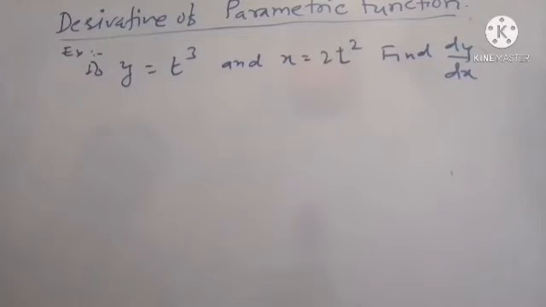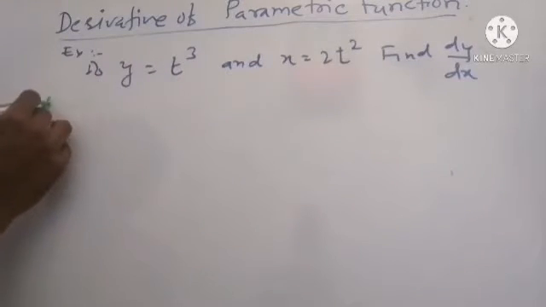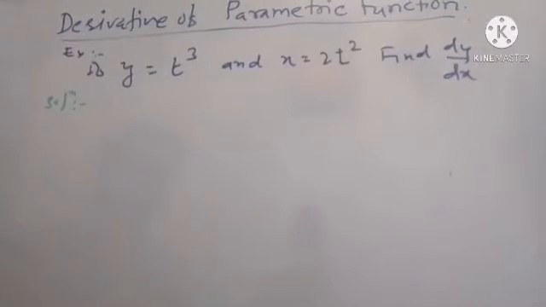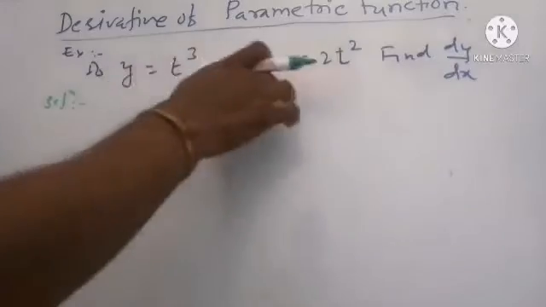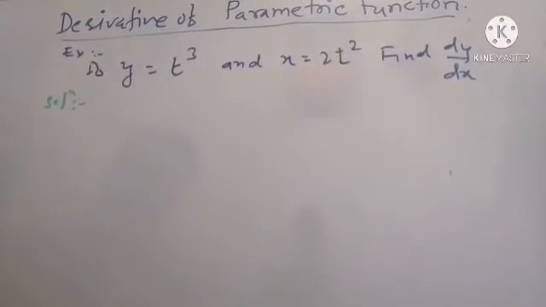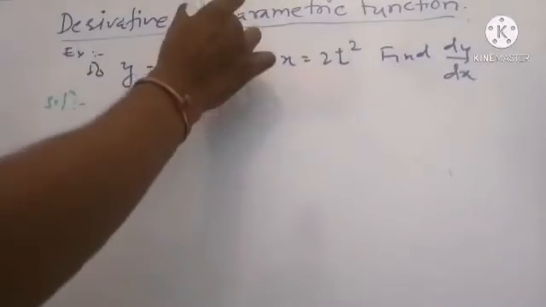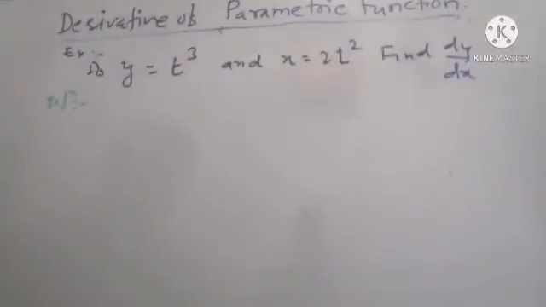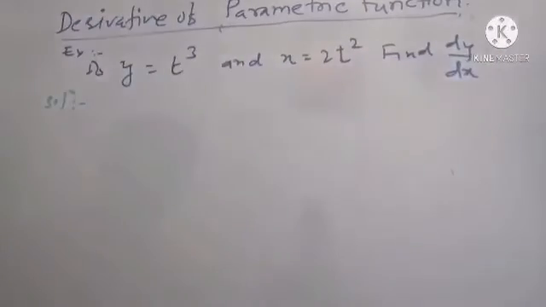Here we observe y is equal to t cube, it means y is in terms of t, or y is a function of t. Similarly x is equal to 2t square, again x is in terms of t, so both x and y are in terms of t, so this given function is a parametric function where t is a parameter, and we have to find dy by dx.